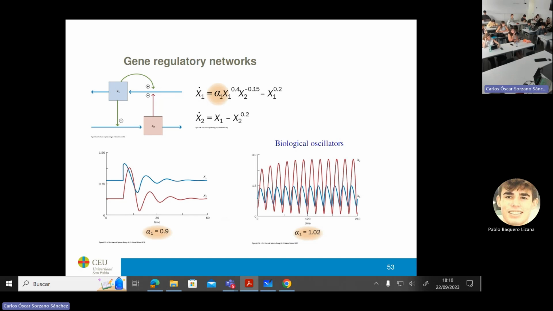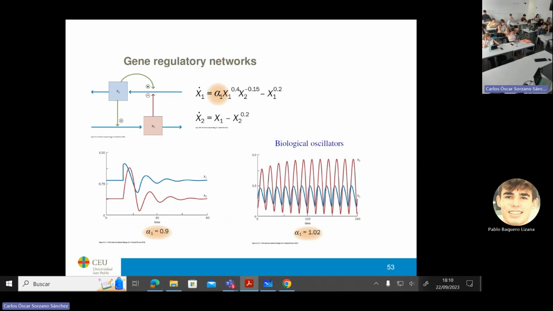Let's analyze the behavior of this system. It is a kind of feedback system. X1 promotes X2 and itself, and X2 inhibits X1. Now I will choose a couple of constants there, alpha 0.9 and 1.02.